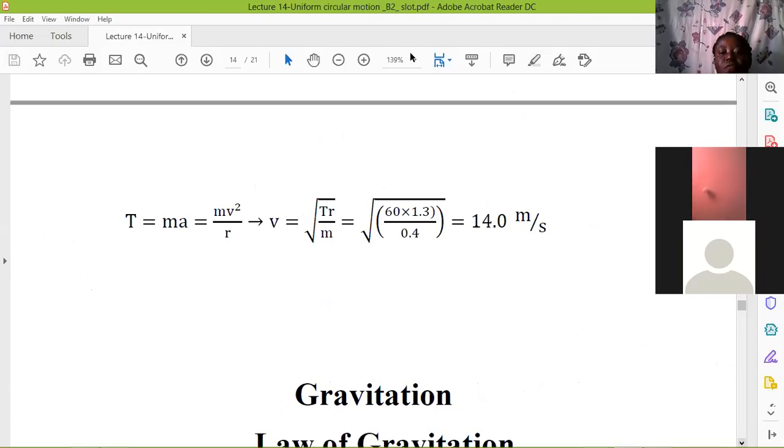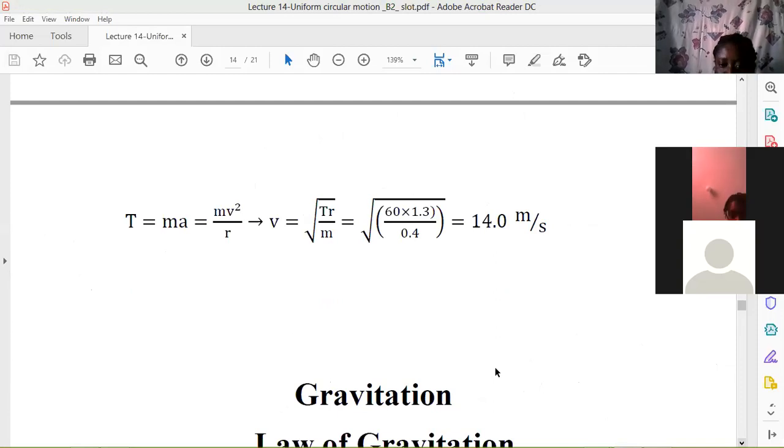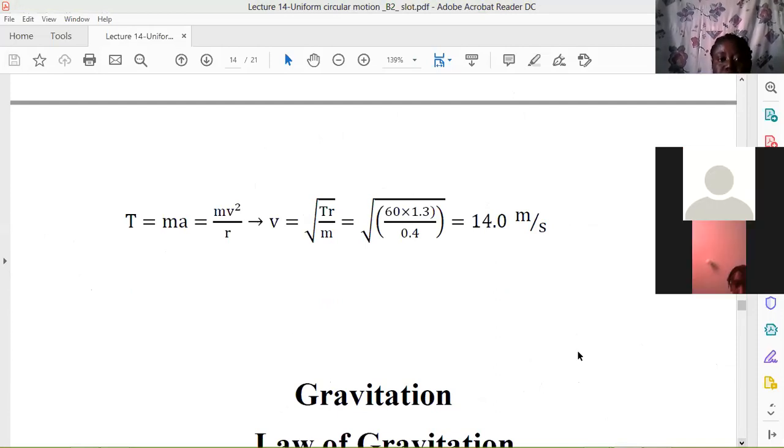Okay, so unless we have questions, you can ask your questions before we continue to the gravitational forces. This is the end of uniform circular motion. Do you have questions?